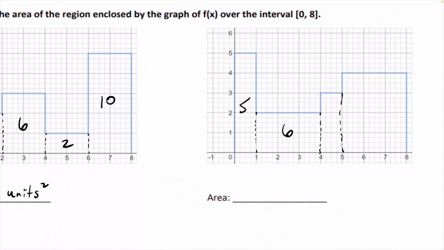The next one's a 1 by 3. And the last one's a 3 by 4. So that's 12. So add them all up, you get 26 units squared.